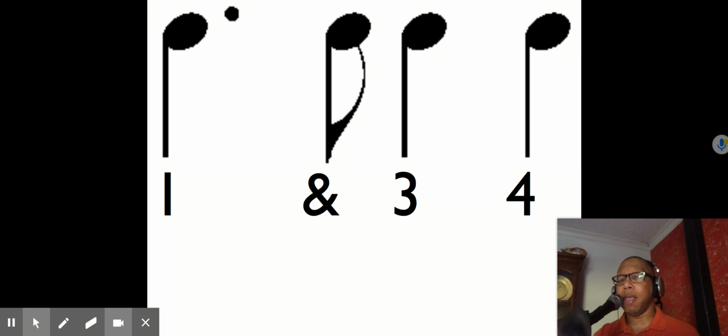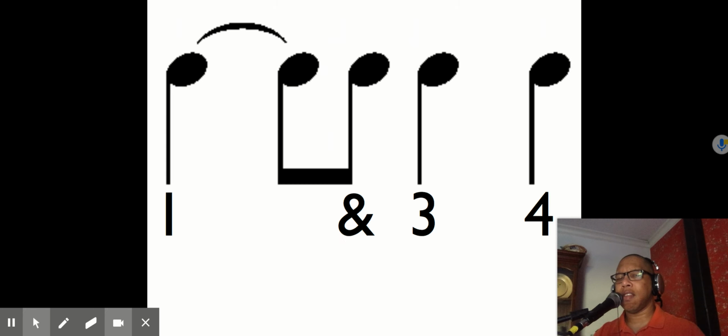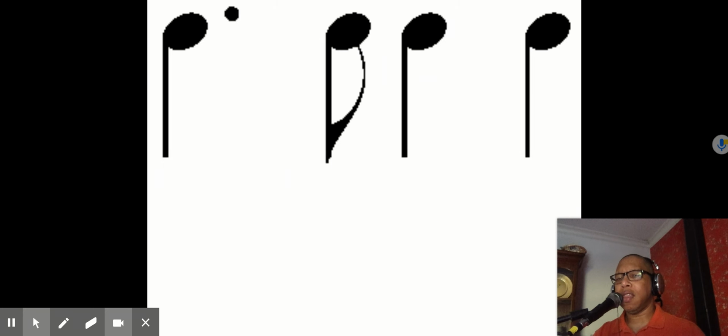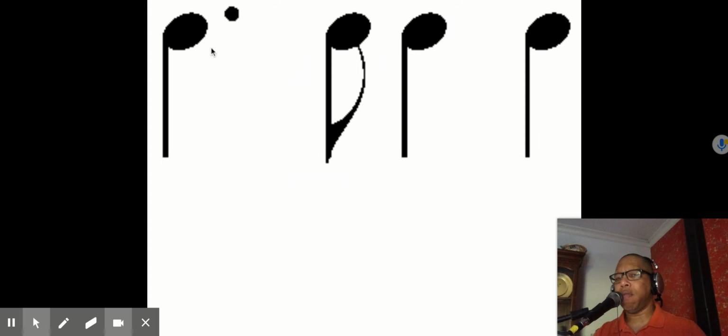You're going to say, wait a minute, that sounded exactly like this. Well, you know what? You're right. This is called a dotted quarter note. We've talked about it a little bit before, but for some clarification, a dotted quarter note is equal to a quarter note tied to an eighth note. How does that work? Remember, the rule of the dot is that it is always half the value of the note.